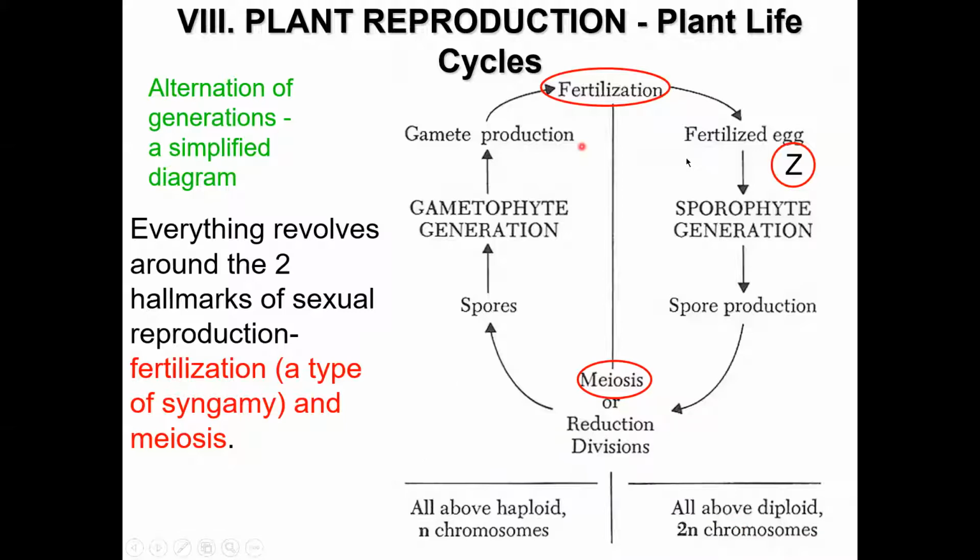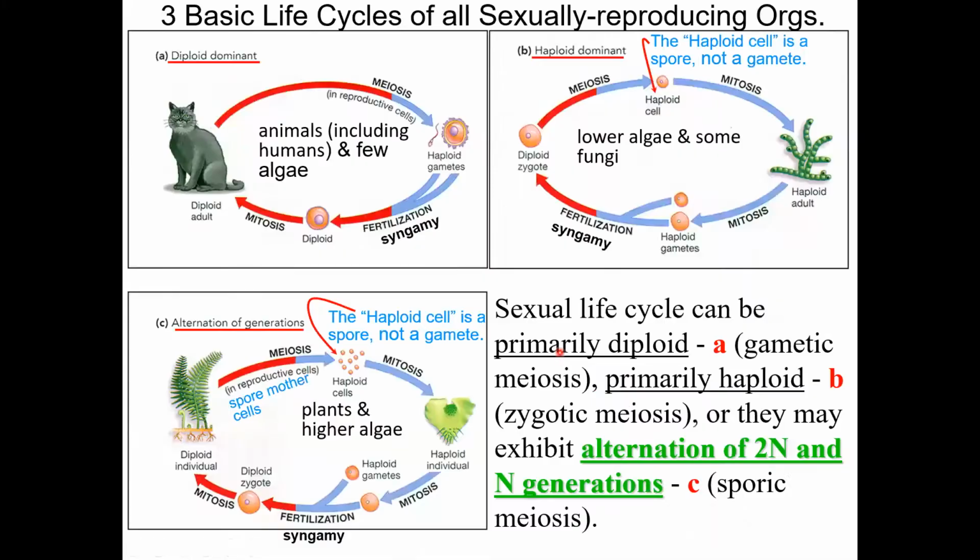Now, before we go into this alternation of generations life cycle, we're going to start with a human life cycle first. In fact, every sexually reproducing organism on the face of the earth can be categorized into one of these three types of life cycles. It can be like yours, where the diploid is dominant. It's also known as gametic meiosis.